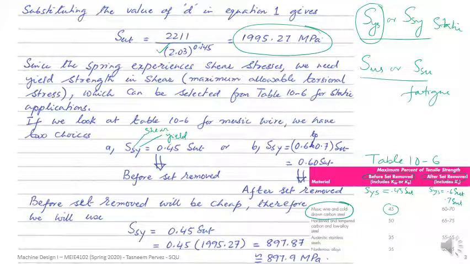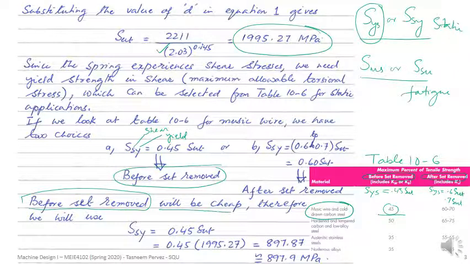Since this is cheap and it is before set removed, that's what I am assuming in this problem. So before set removed, it will be cheap and we will use that one. So now I got what we call the yield strength in shear.